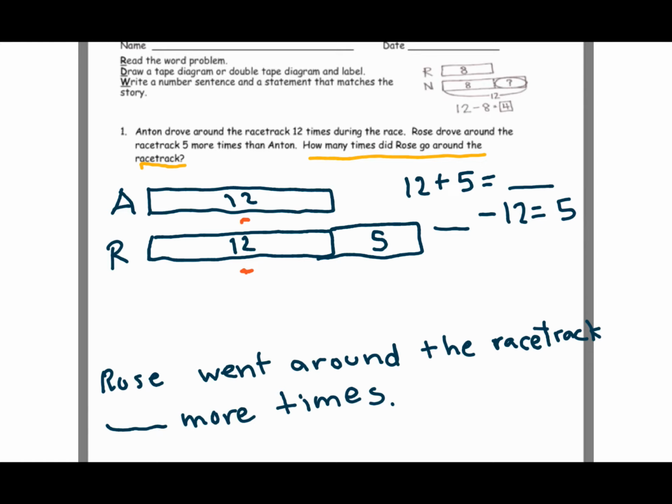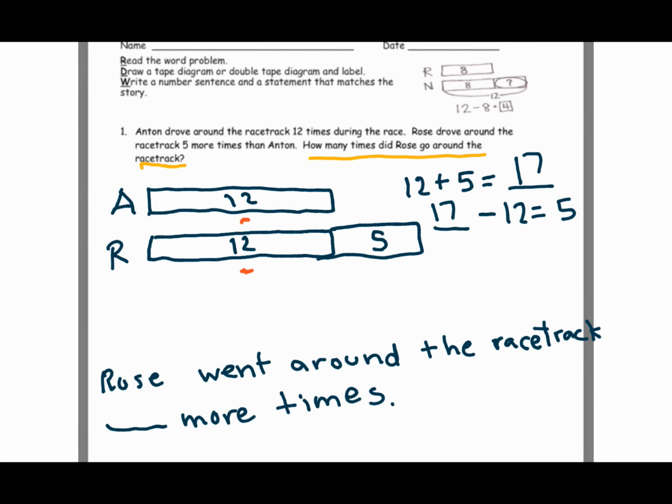What was your answer, boys and girls? 12 plus 5 equals, you can use a number line or you can pound it. 12 plus 5 is 17. Or you could say 17 minus 12 equals 5.